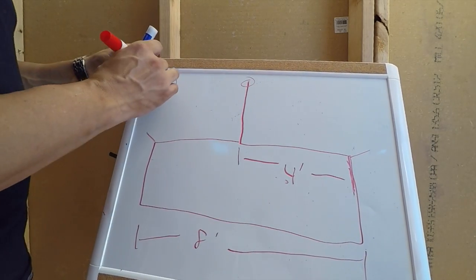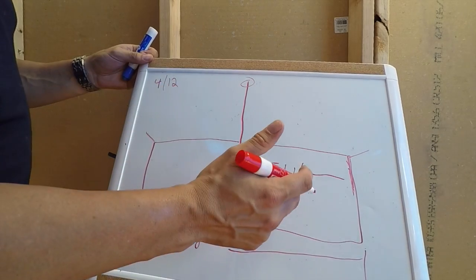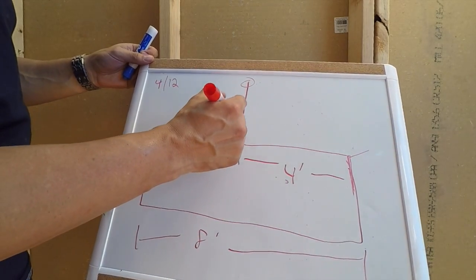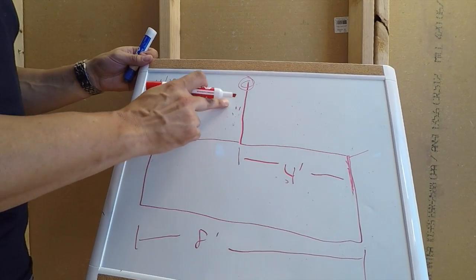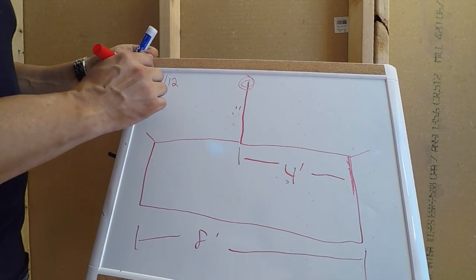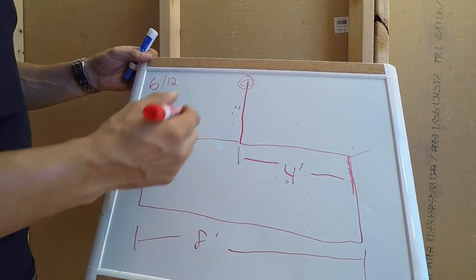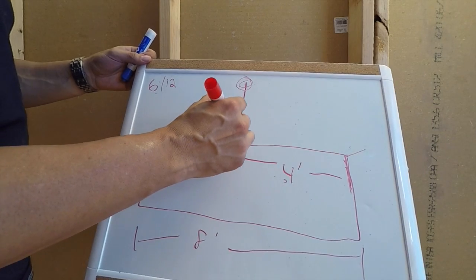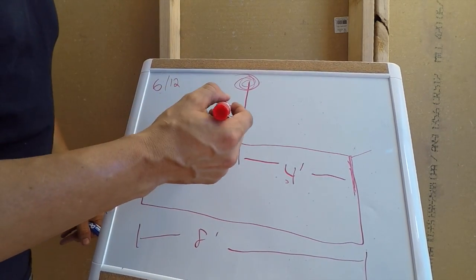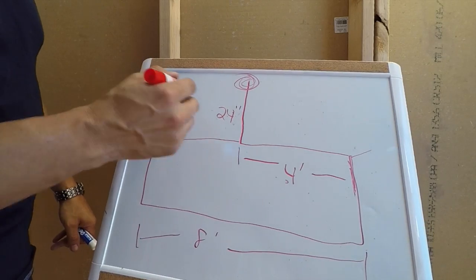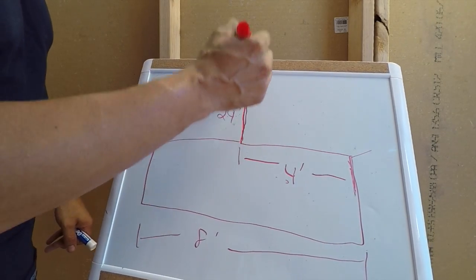Let's go a 4/12. 4 times 4 is 16. 16 inches. Top of the peak is going to be 16 inches. Let's do a 6/12. 6 times 4 is 24. 24 inches. Top of the peak is going to be 24 inches. The higher number you go on this side, the higher the pitch is going to be.